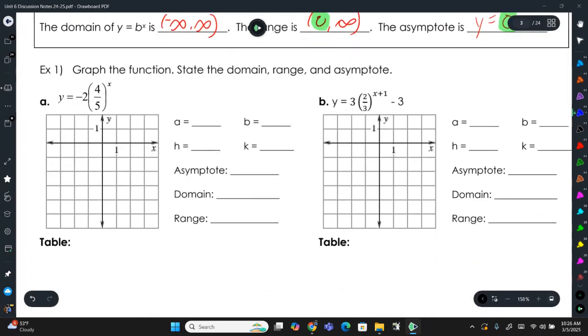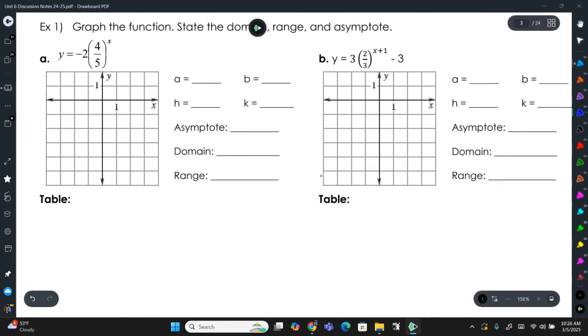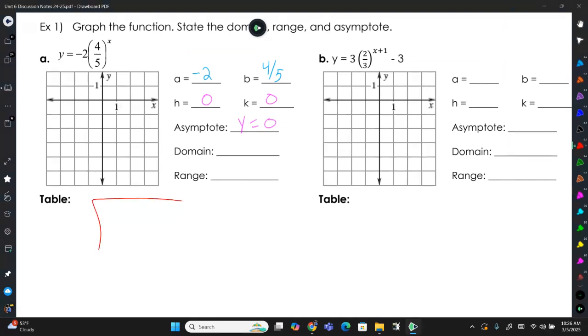So if we look at this example, same thing that we were just doing. Our a value is negative 2. Our b value is 4 fifths. We do not have an h and k, so 0 and 0, which means our asymptote is y equals 0. So then let's make our table.